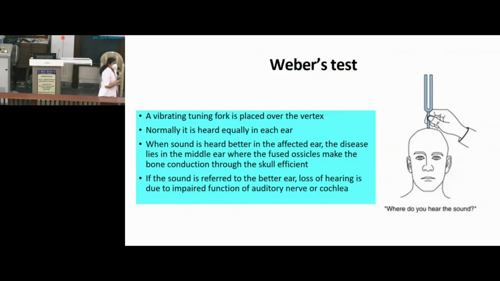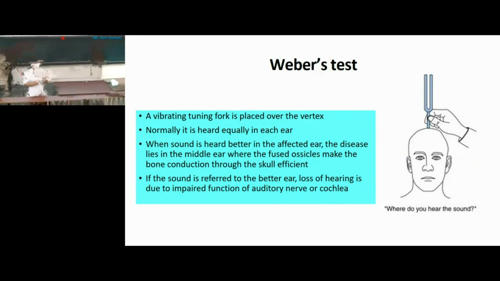And in Weber's test, the vibrating tuning fork is kept over the vertex of the patient, and depending on which ear it is heard better in, the affected ear or the normal ear, it will help you identify whether it is a disease of the middle ear or sensory neural deafness. If there is sensory neural deafness, it will be heard better in the normal ear.